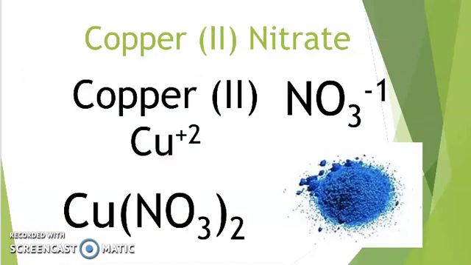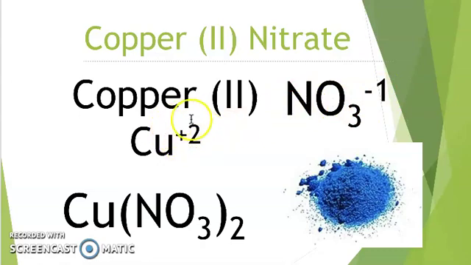Another one here, I have copper 2 nitrate. This Roman numeral again means that's the charge of the element that it came after. So copper's charge is a +2, copper 2, Cu +2. And nitrate again ends in ate, so I know it's one of my polyatomic ions from my polyatomic ion chart. When you look it up, you see nitrate is NO3 with a -1 charge.